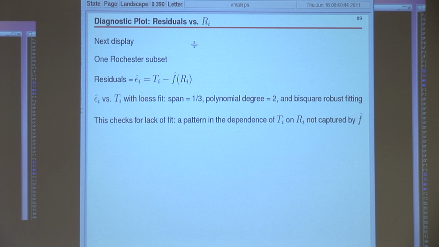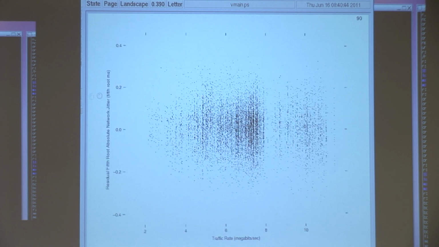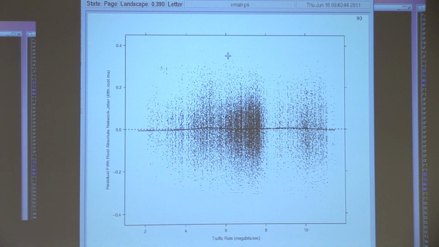OK, now the next display is, we did this fitting, and we made residual plots, and then we iterated and tried different spans. Now here on this residual plot, remember the span we found was 0.86. So on this plot, here's the residuals from that fit. Here's the plot of the residuals for this one Rochester subset.